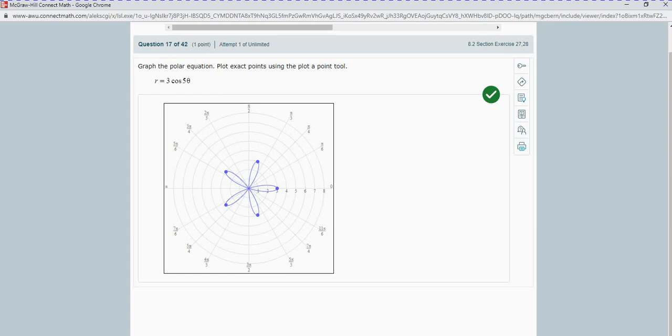That multiple is going to give us information about how many petals the rose is going to have, and then whatever the coefficient for the function is, that's going to tell us what the length of each petal is. So knowing some of those things helps us, but again, there's that trick for graphing in Connect Math or ALEKS. If we can graph in terms of X and Y initially, identify those relative max and min points, that's going to tell us where the tips of the petals fall, and it's going to allow us to generate a more accurate graph. So that is graphing a rose in the ALEKS and Connect system.